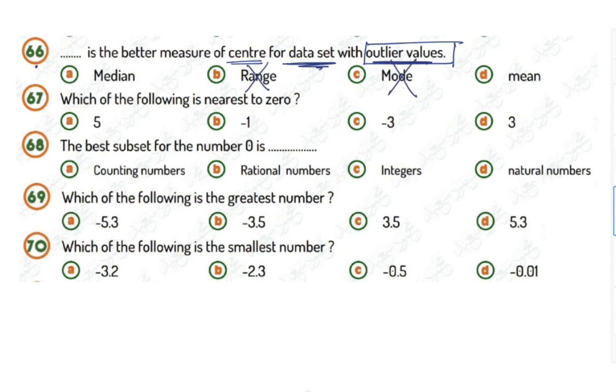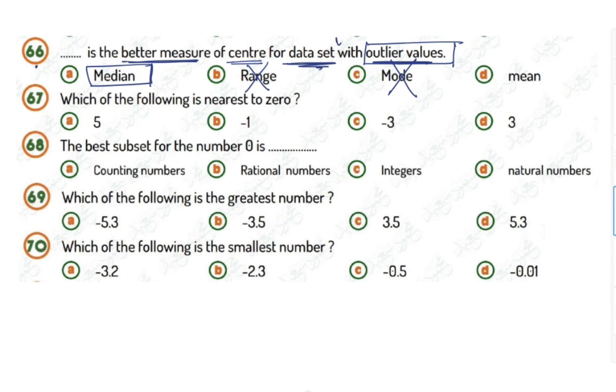Mode, of course not. One of median or mean. Of course, we said that outliers have a great effect on the mean. When you have an outlier, the mean will change. So when you have an outlier, the better measure of center is the median.